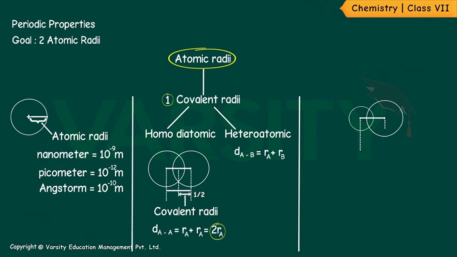In this also, we can see that the distance is 1/2 of the distance between the centers of the two nuclei. This is one, and the second one is a little bigger. So this is the covalent radii.